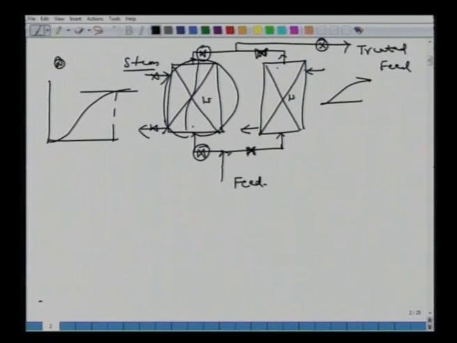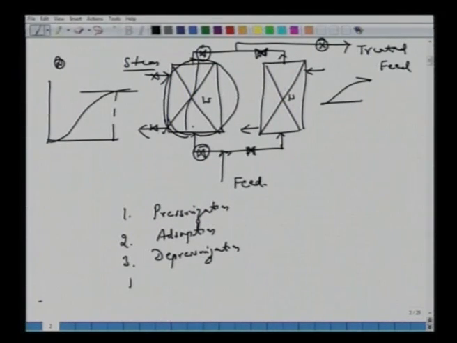And in these very typical cycles, you have, say, pressurization, which means before you start a bed, you bring it to a desired pressure level, then you have adsorption, then after this bed is saturated, you depressurize it, and then one has to regenerate.